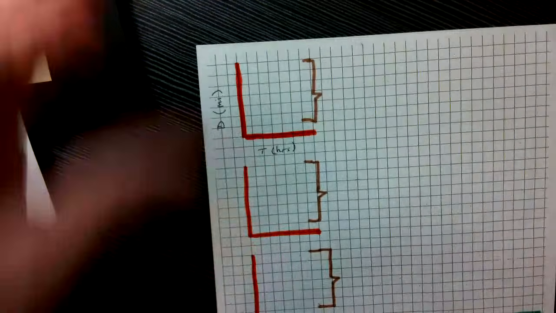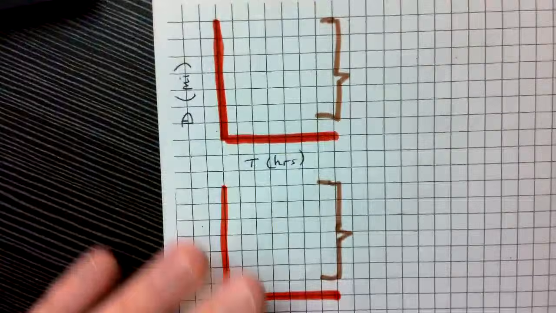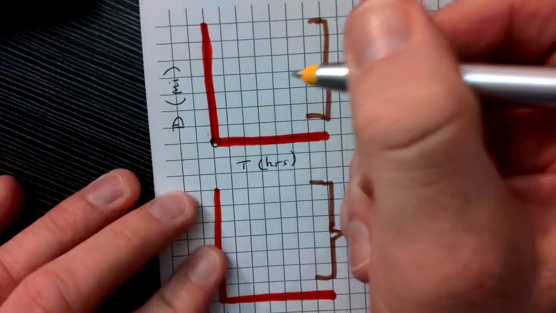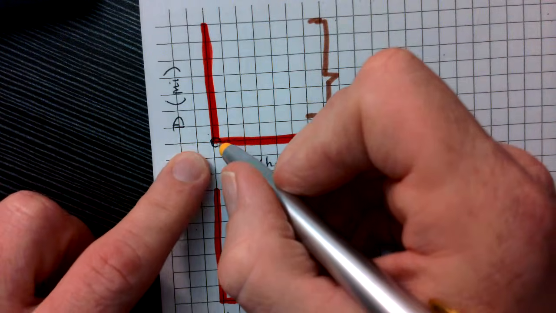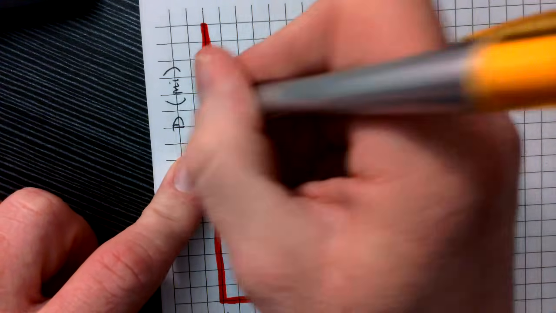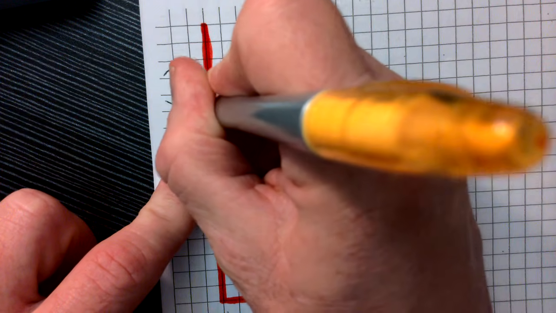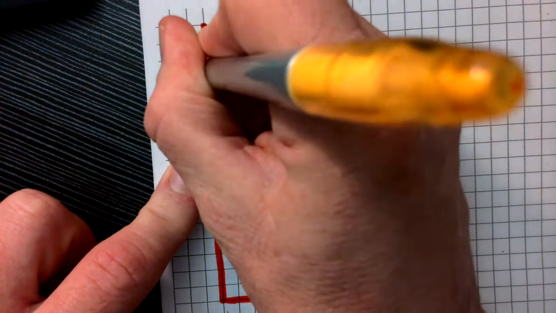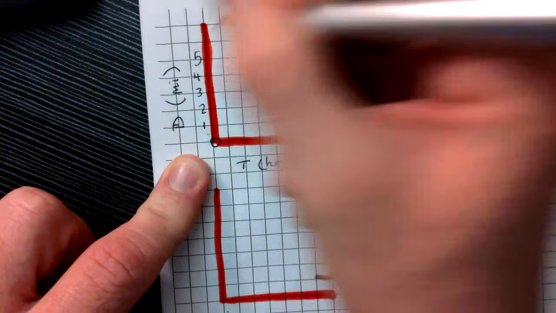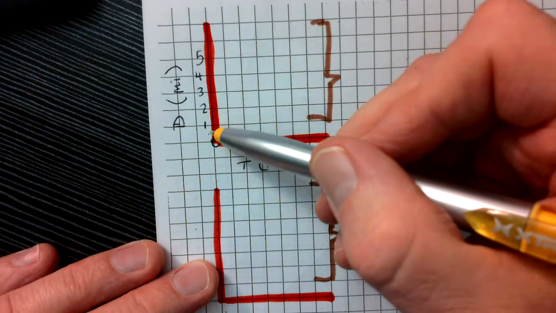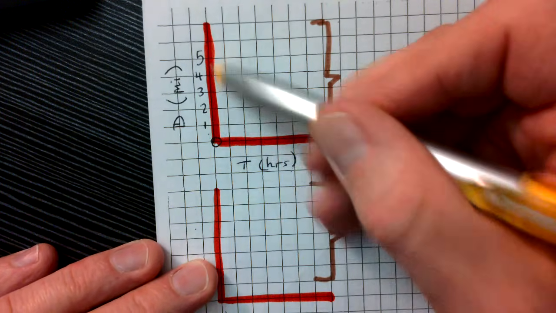Okay. And then what I want you to do is we're going to label this real quick. So this is going to be 0 miles that we traveled. It's going to be 1 mile traveled, 2, 3, 4, and 5. So each of these numbers represents how many miles away we are from the original starting point.